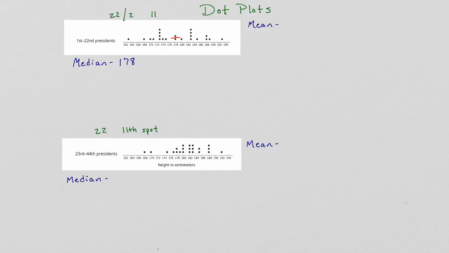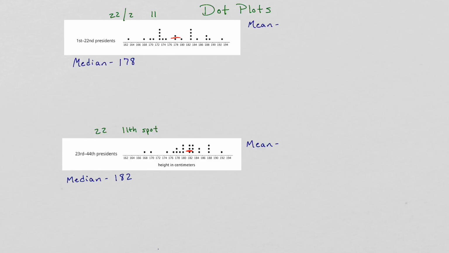It's right there. So that means in this case, our median goes right there. So our median for this group is going to be 182. Again, if these were two different numbers, we would have to take the average of the two of them since we have an even number of data, but they're both the same number. So our median is going to be 182.